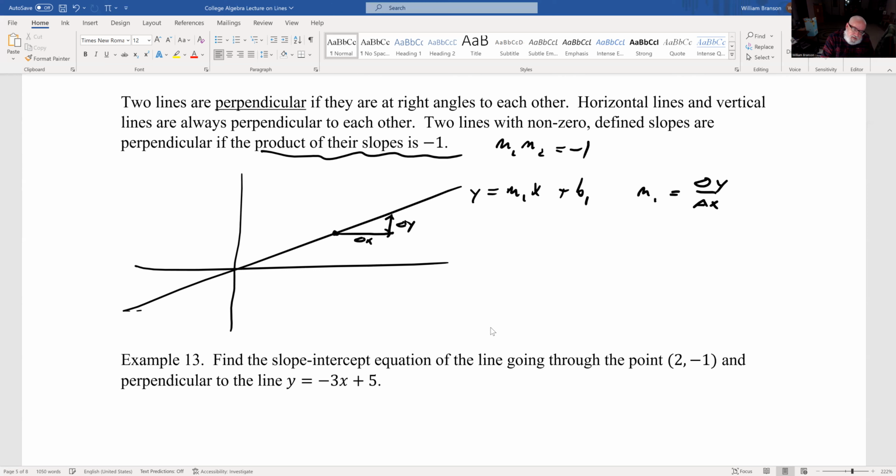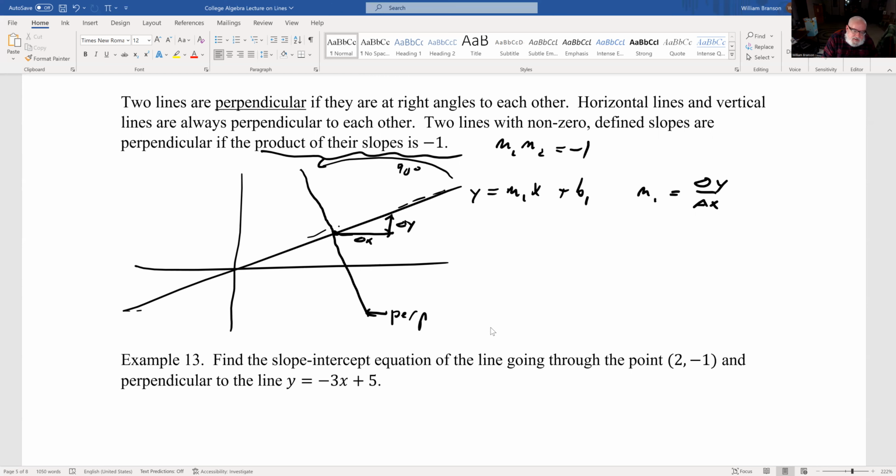So a perpendicular line is at 90 degrees. And if I rotate this line here through 90 degrees, what do I get? I should get this new line.